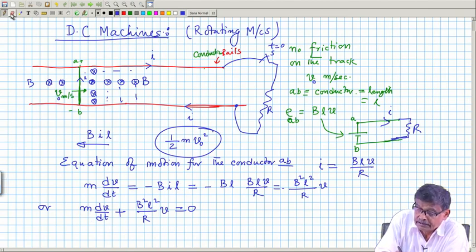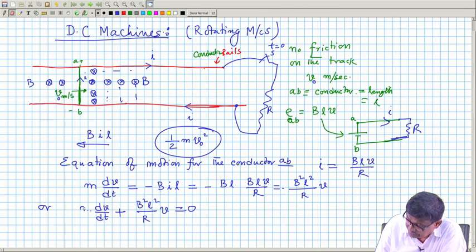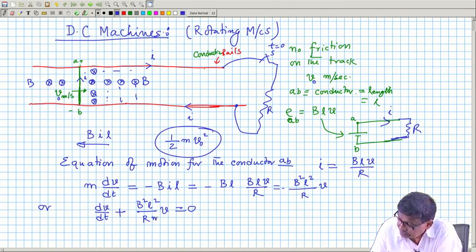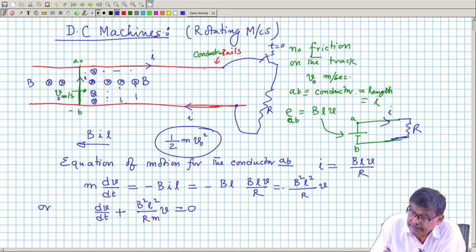So, this equation will become, this m will come simply here. This is the equation.